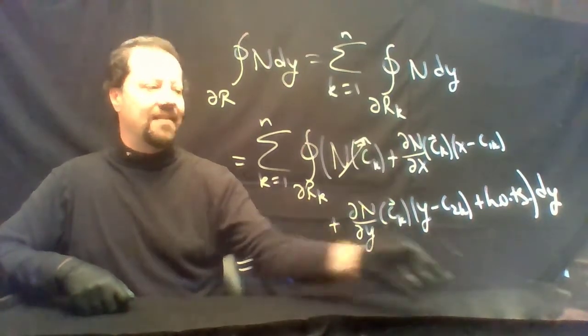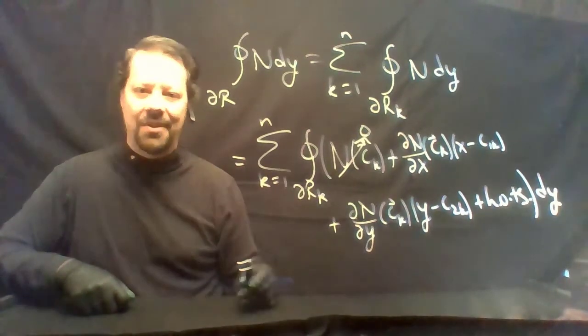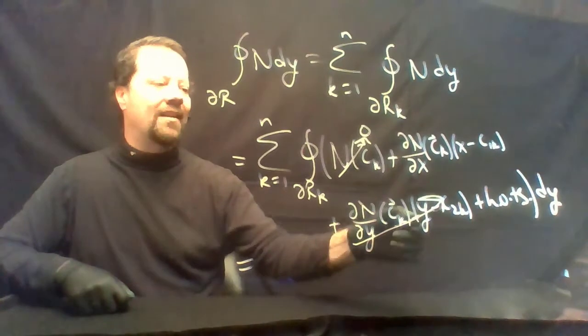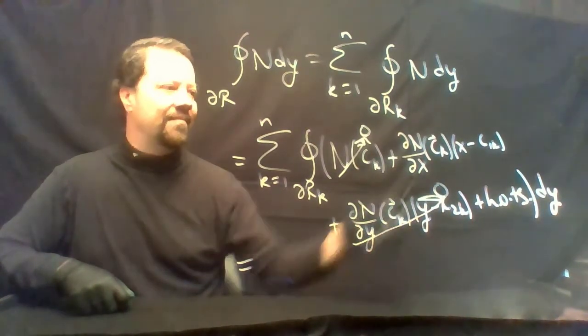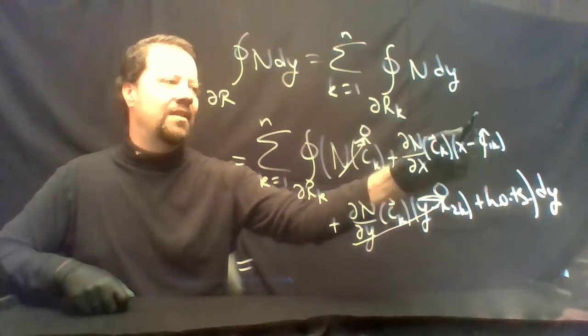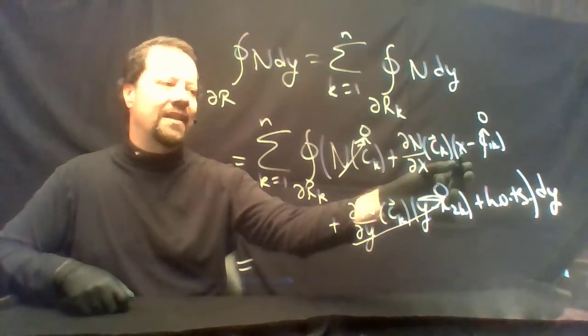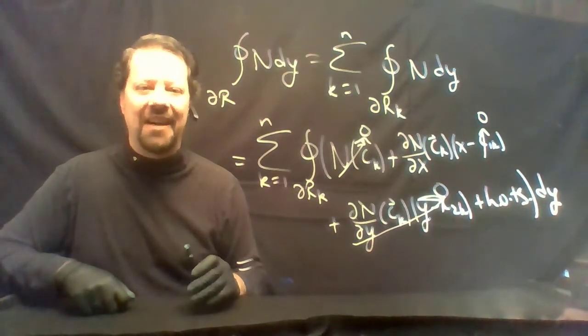A constant up against the dy on a closed loop gives you nothing. The function of y on a closed loop should also contribute nothing. This constant term will contribute nothing. The only thing that will contribute something is the x dy, and that gives you a little element of area.